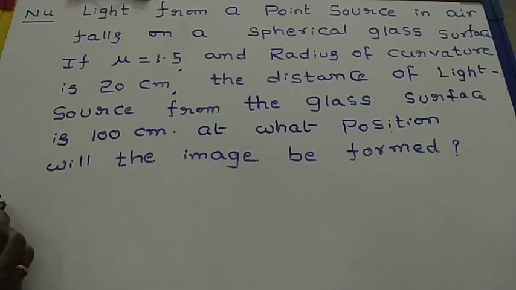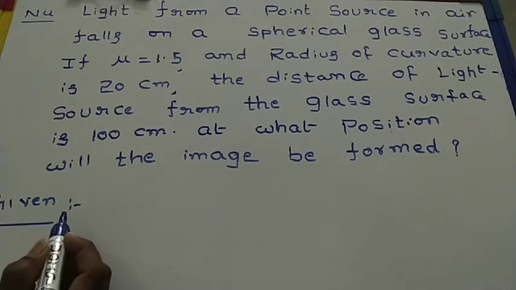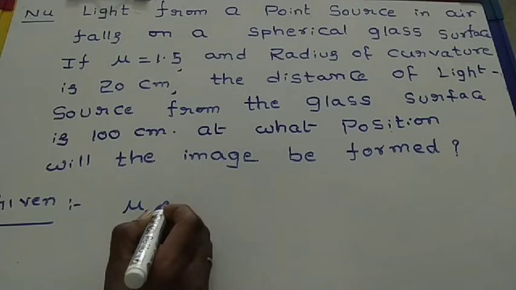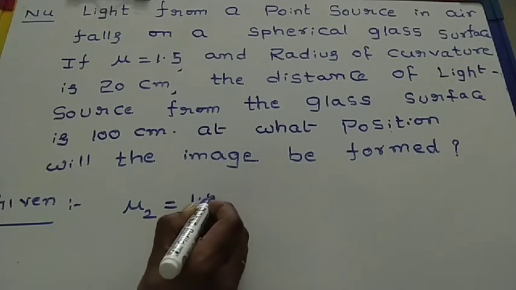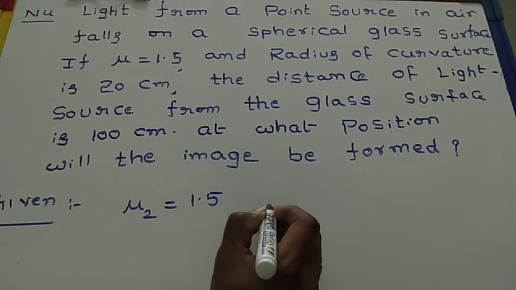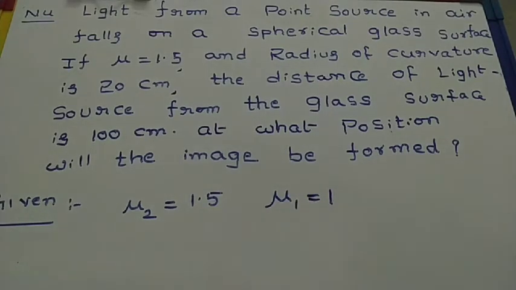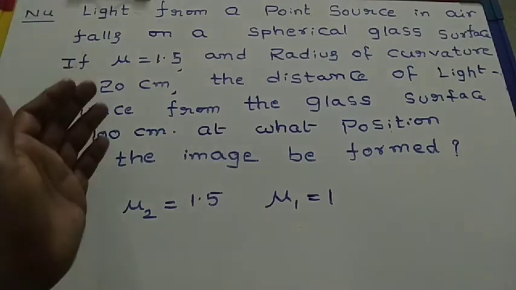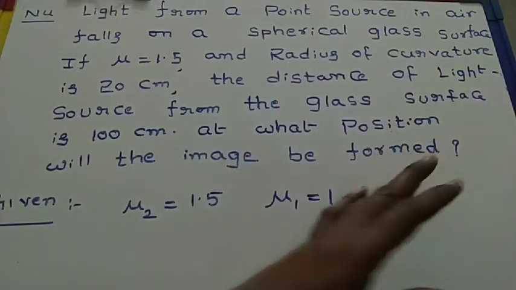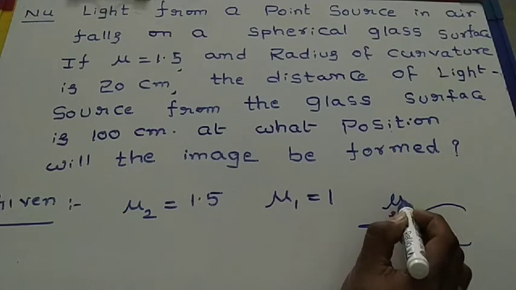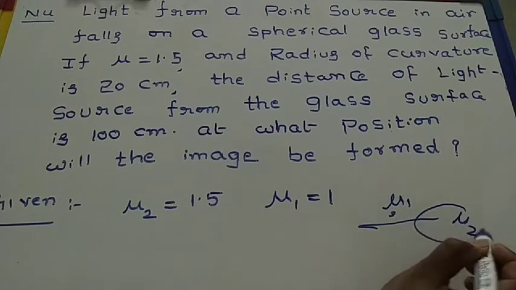So, what has the examiner given to us? Given: refractive index mu2 is equal to 1.5. Then what is mu1? 1. Because light is traveling from rarer medium to denser medium. If light is traveling from rarer medium, refractive index is mu1, here is mu2.